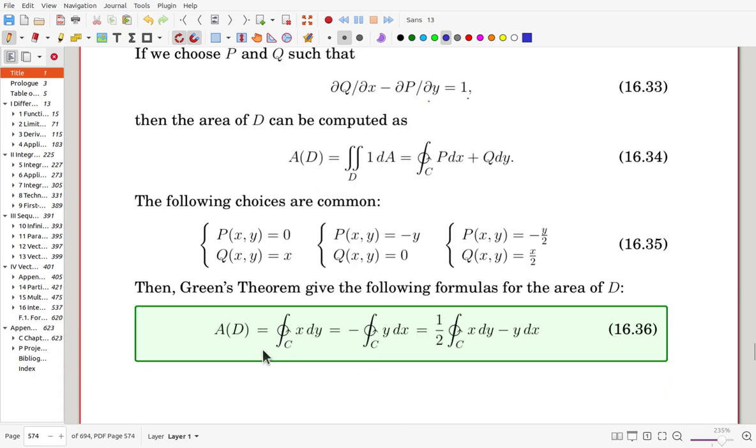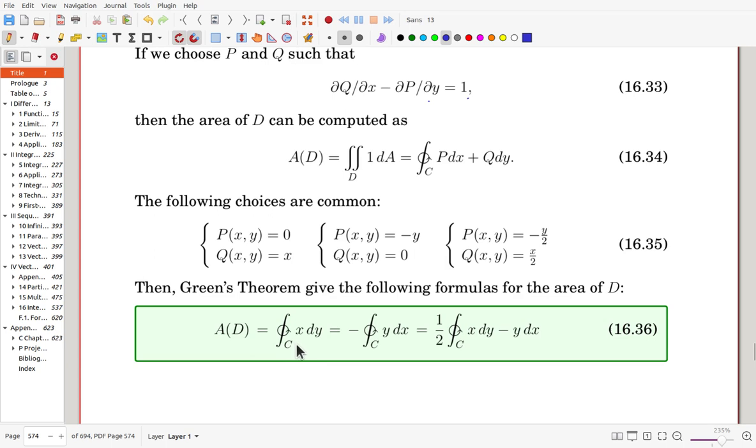Now, along with this choice, the integral is changed into the integral of x dy. Along with the other choice, P is minus y with dx, and Q is 0, so it disappears. This integral and that integral will produce the same quantity, the area of the region.